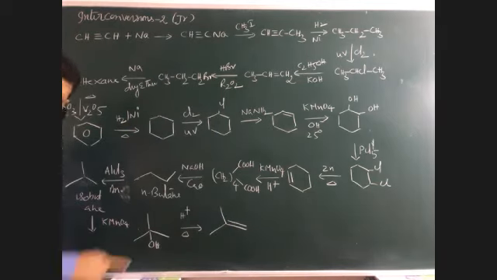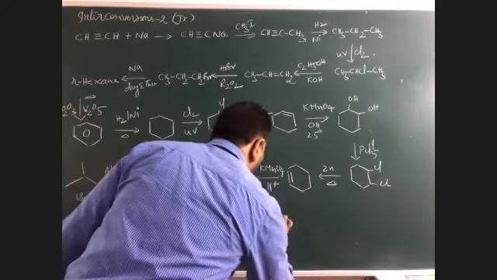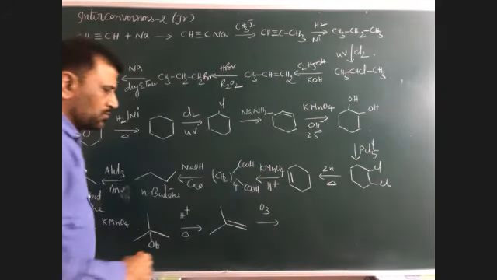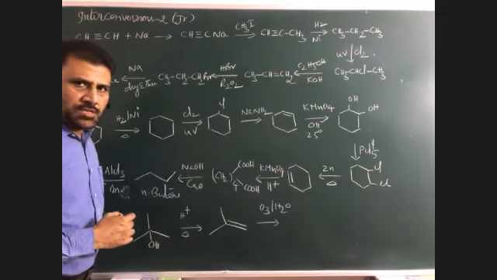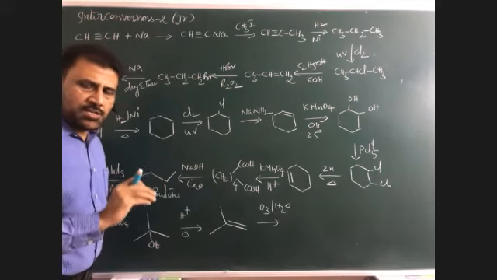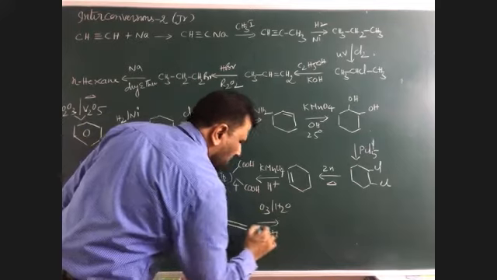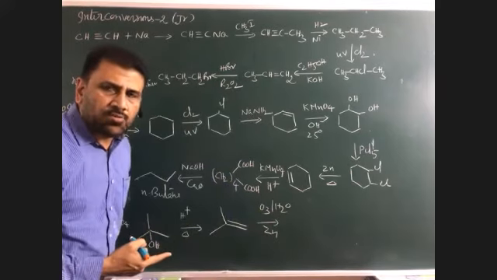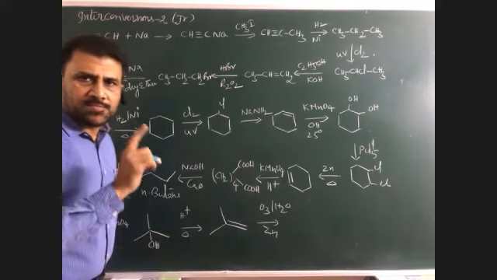This is also an alkene. Now, this alkene on ozonolysis, that is in presence of water and zinc. There are 2 types of ozonolysis, reductive ozonolysis and oxidative ozonolysis. Here I am using zinc. Whenever I use zinc, it is called reductive ozonolysis, which will not produce acids.